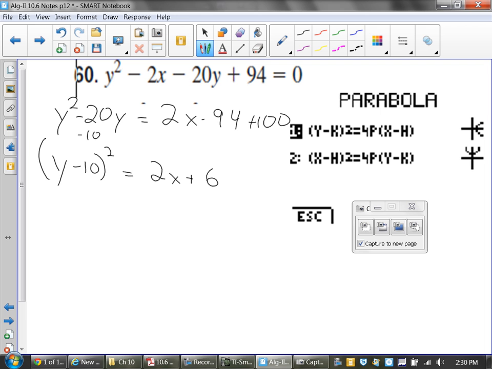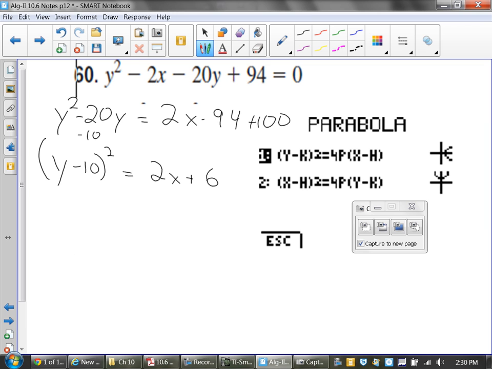So in order to figure out what your p-value is going to be, what do you have to do on the other side? Well, hold on. Does it look exactly like this on that side yet? How do I get something in parentheses on that side? What are you going to factor out?